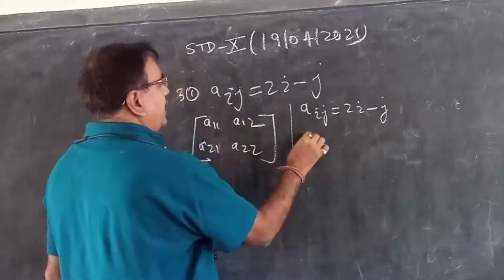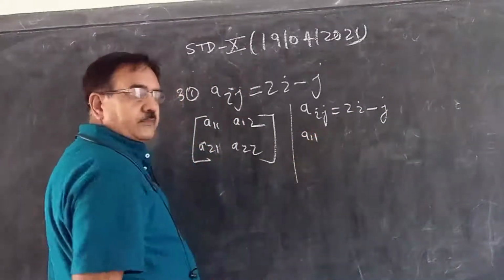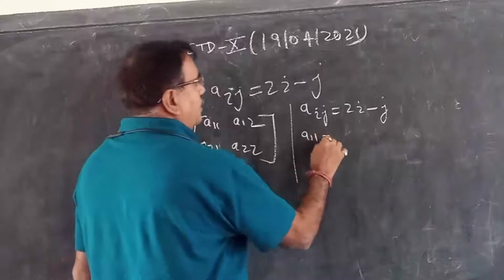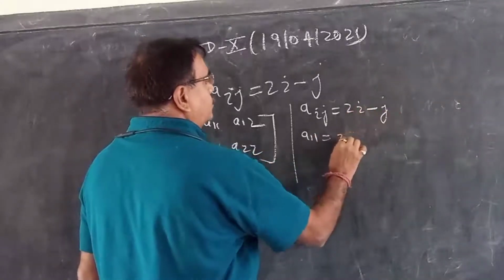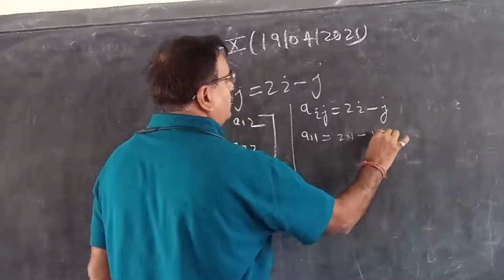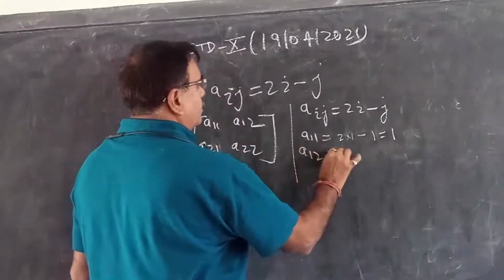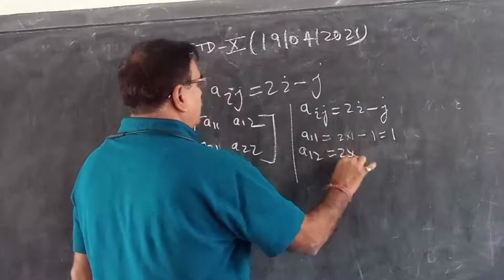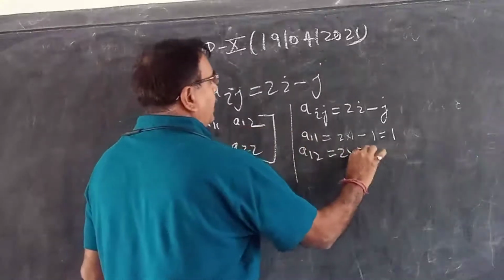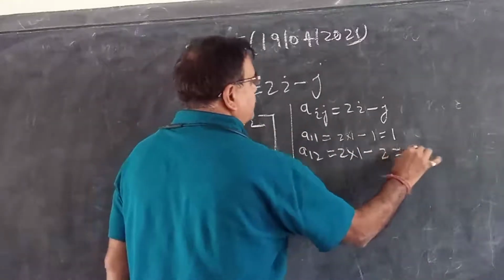First A11. First row, i is row and j is column. 2 into 1 minus j, column 1, that is 1. A12: i is 1, j is 2, so 2 minus 2 means 0.